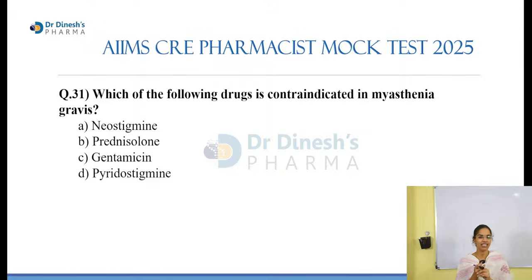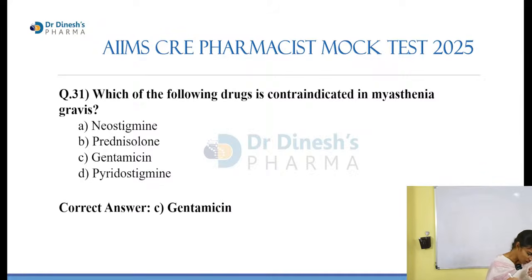Myasthenia gravis is an autoimmune disorder. Because of it, the circulating acetylcholine is not taken up at the neuromuscular junction.